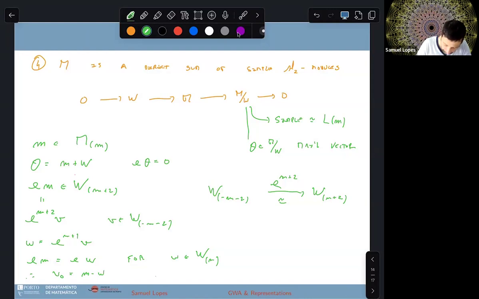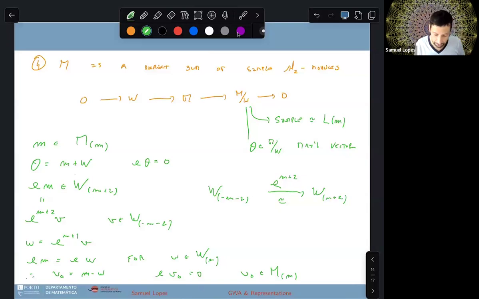This tells me that E kills V0, okay, and V0 is in the generalized eigenspace associated to the eigenvalue m, because it's the difference of two things which are there, okay?